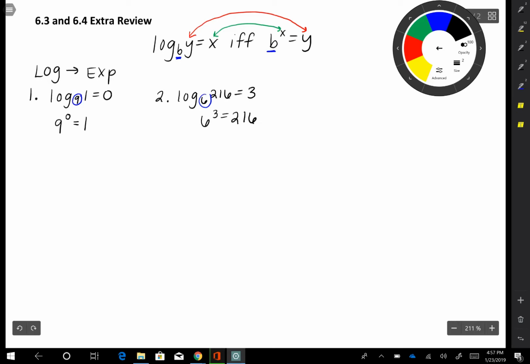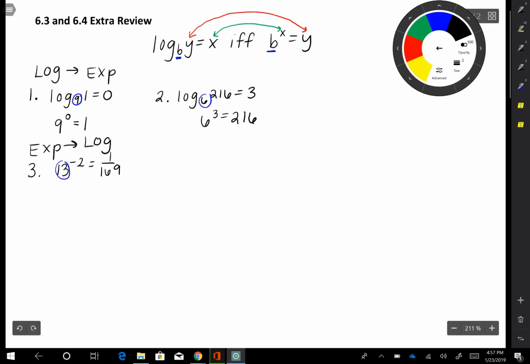All right, moving on, let's go the other way. Let's take an exponential and change it to a log. So let's say I have 13 to the negative second equals 1 over 169. With that, my base being raised to the power is 13.